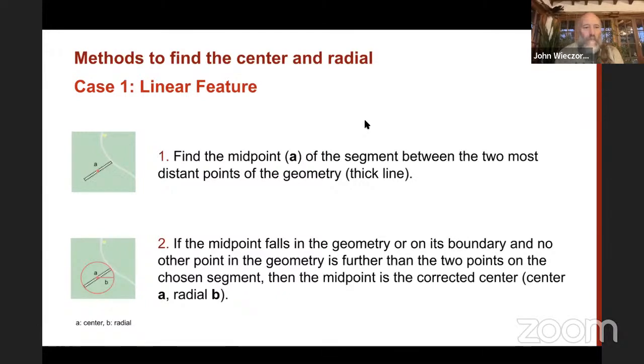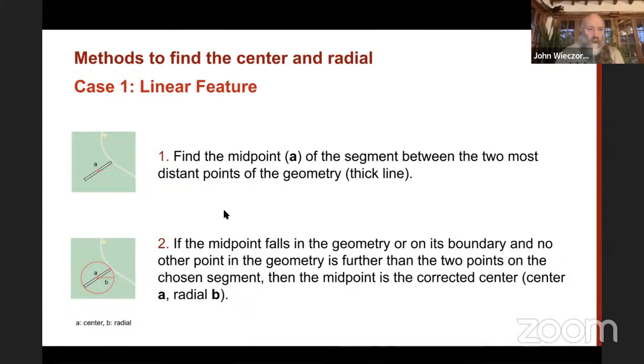So we find the midpoint. That should be easy. We measure the whole thing, and we find halfway from one end to the other, and hopefully it falls right in the middle of and on the feature itself. So that's the case here with A. The second step is if that midpoint falls on or in the geometry, and no other point in the geometry is further than the 2 points on the chosen segment, then the midpoint is already the corrected center.